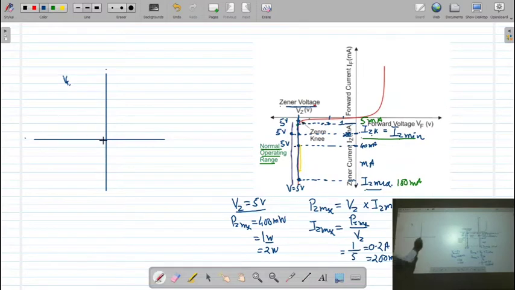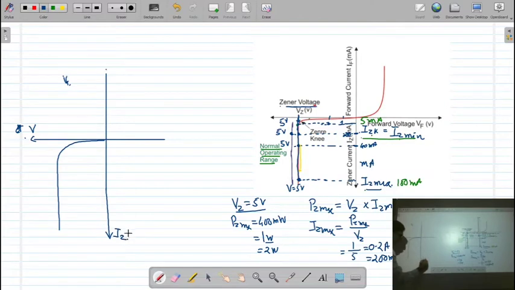Here, if you draw the characteristics, it is like this. Correct? Reverse bias characteristics. This is my Zener voltage, the reverse bias voltage, and this is the Zener current, which is in the order of milliampere. This is the breakdown voltage Vz.